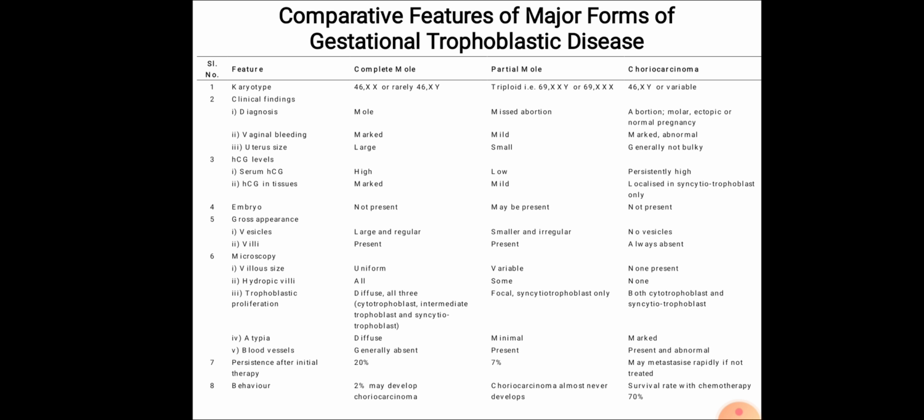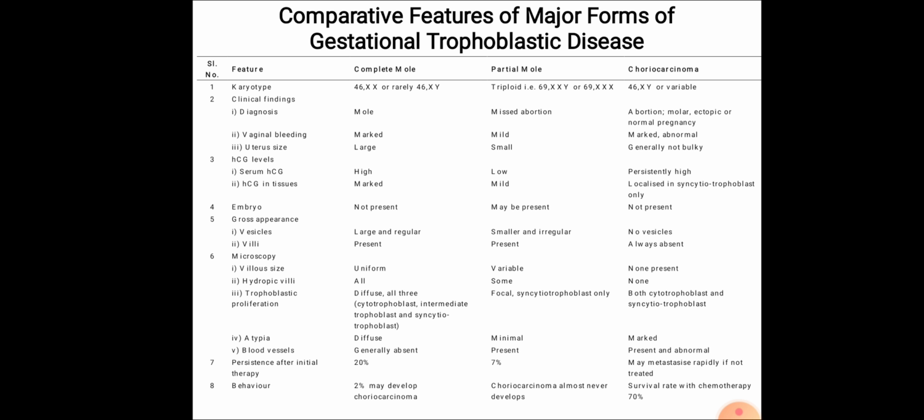Villi are present in both complete and partial mole, but choriocarcinoma is characterized by absence of villi. Microscopy. Villus size is uniform in complete mole, variable in partial mole, and hydropic villi are seen everywhere in complete mole, in some places in partial mole, and not seen at all in choriocarcinoma.